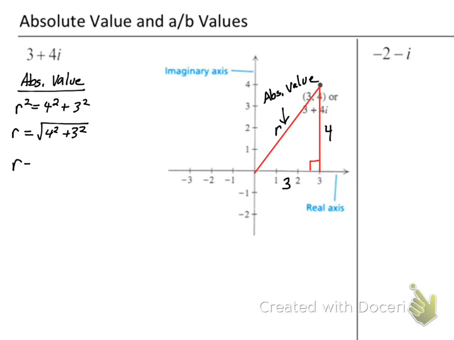So my r is going to equal the square root of 16 plus 9, which is 25. So that means r equals 5. In other words, the absolute value of 3 plus 4i equals 5.